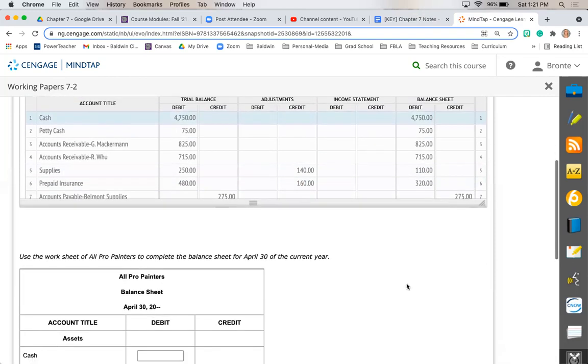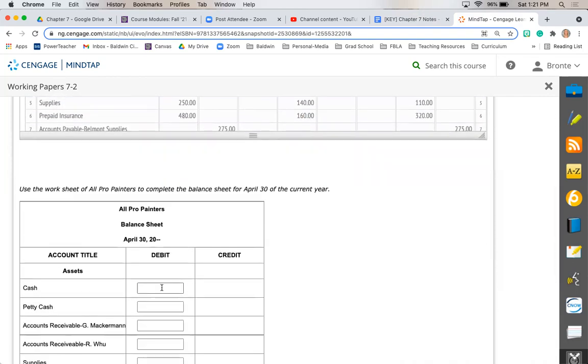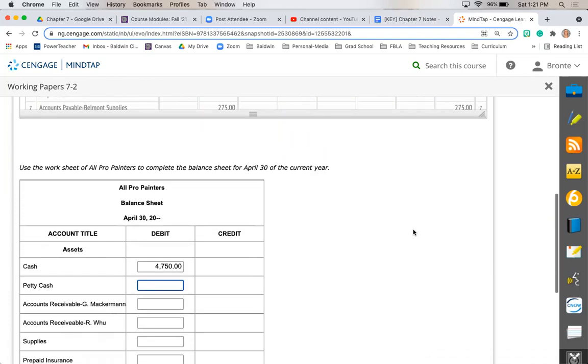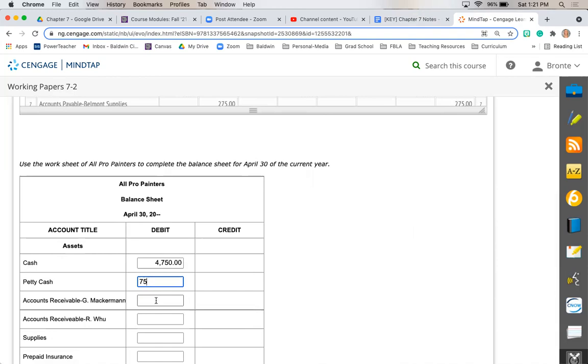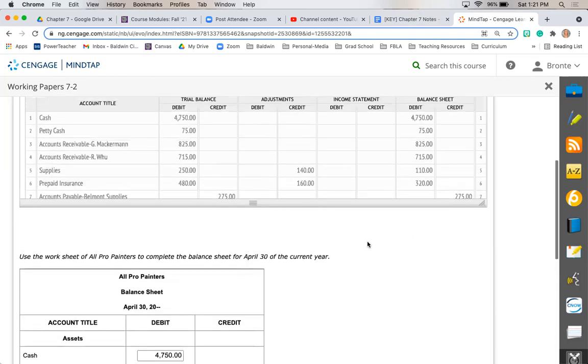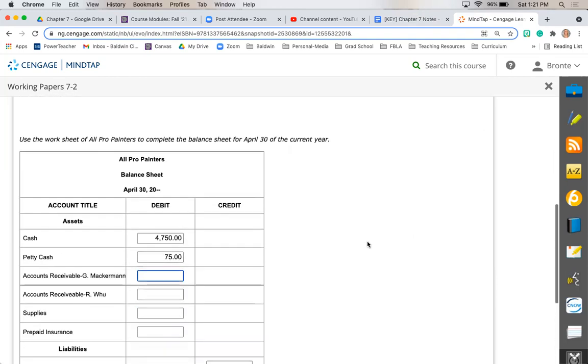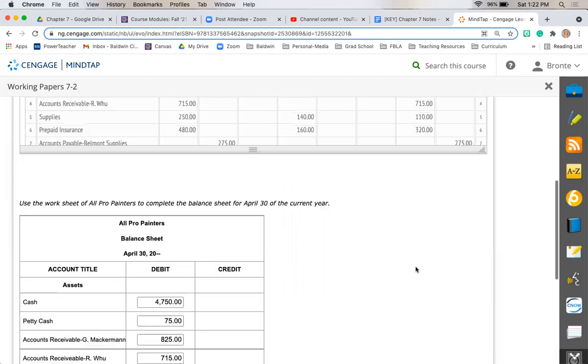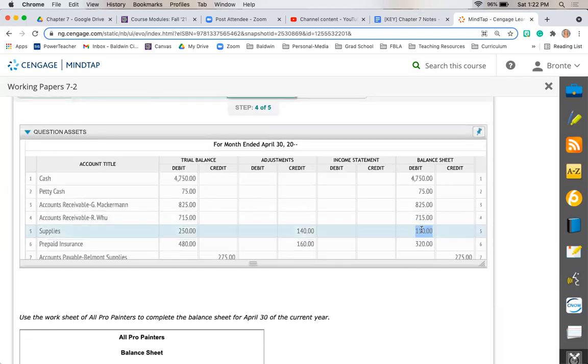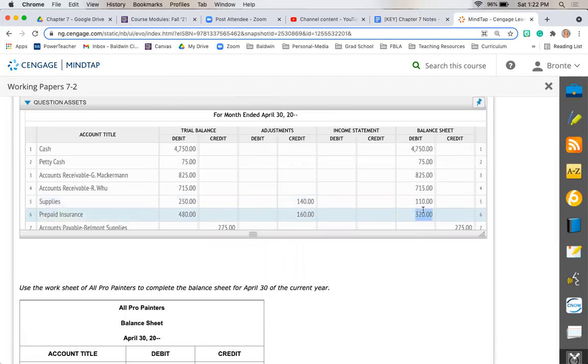Our first asset here is cash, 4,750. Next is petty cash, 75. Our two accounts receivable accounts, 825 and 715. And then our supplies account, which is 110, and prepaid insurance, 320.